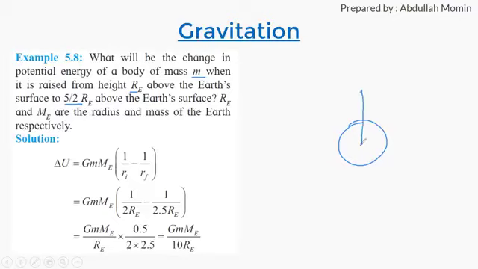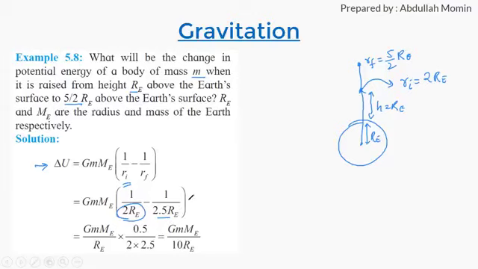Suppose initially the object is at a height of Re and the radius is also Re, so the initial position is 2 Re, and the object is raised to the final position, 5 by 2 Re. So the total change in potential energy can be written as G Me m times 1 upon ri minus 1 upon rf, where the initial position is 2 Re and the final position is 2.5 Re.